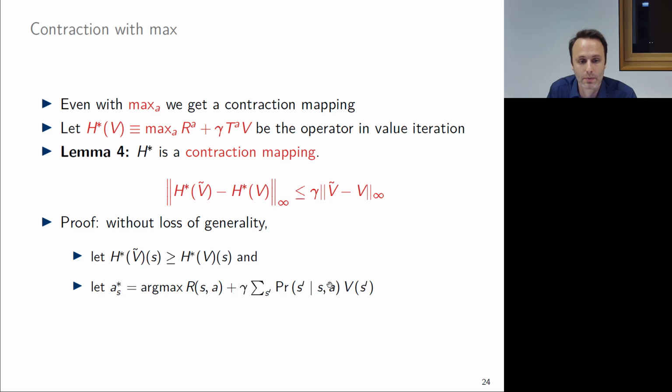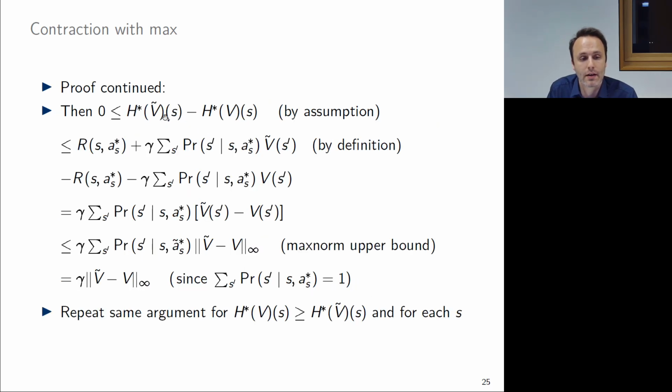Yeah? So with this, we can then rewrite this difference between the two by plugging in the definition of it, and then we can cancel these reward vectors and factor out the gamma times the transition probabilities.